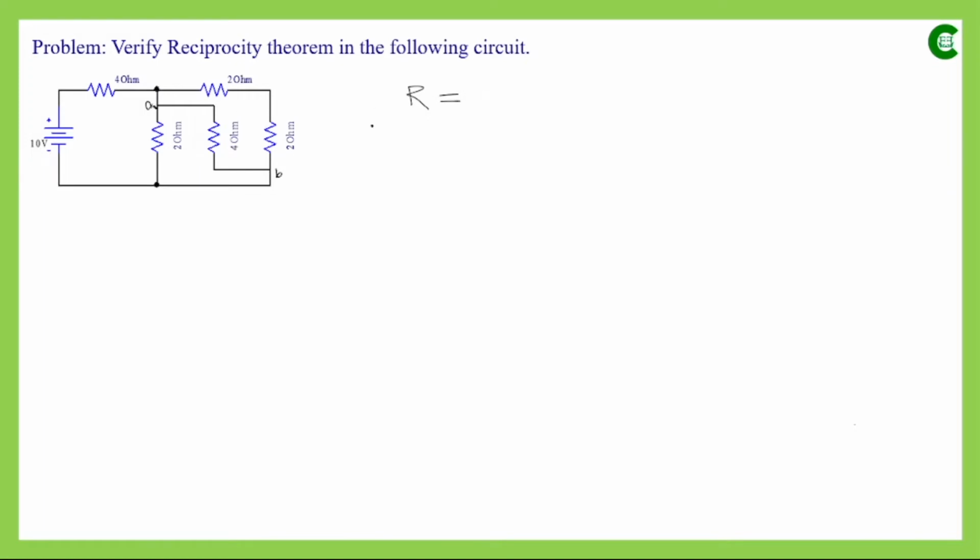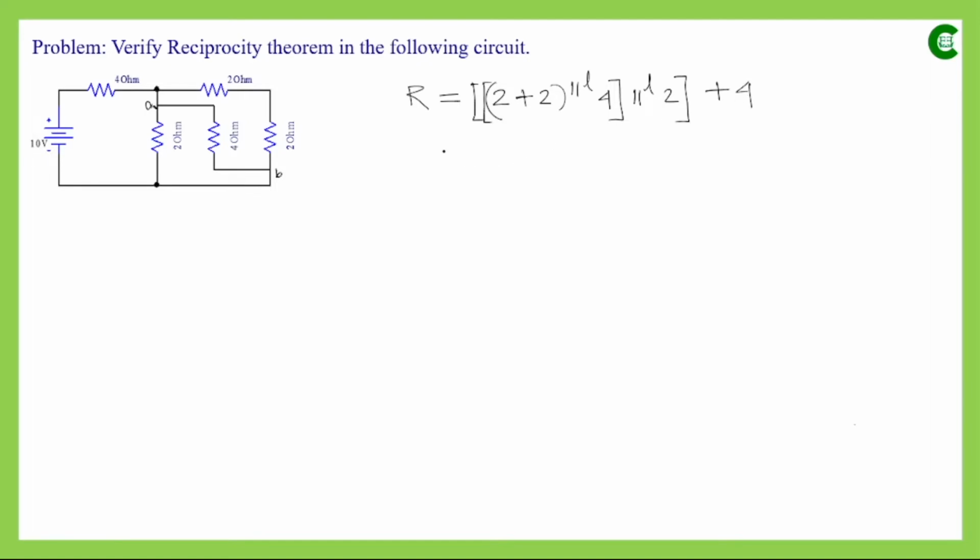This 2 ohm and this 2 ohm, since they are connected in series, their equivalent resistance will be simply 2 plus 2, and with that this 4 ohm is connected in parallel, and then with that equivalent resistance this 2 ohm is again connected in parallel, and then with that equivalent resistance this 4 ohm is connected in series, so plus 4.